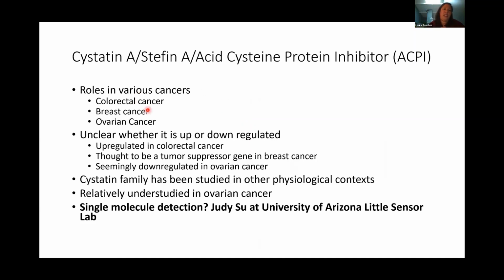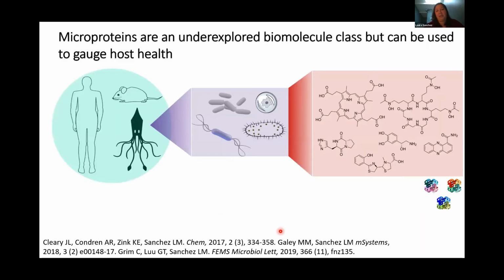It has a known role in other kinds of cancers, although the role is very tentative, but we're pretty excited now to see if we can further figure out what its role might be in the context of ovarian cancer. And we've also sent this over to our collaborator, Judy Sue at the University of Arizona, for her little sensors to see if she can have better modes of detection than we can, or to maybe multiplex it with the MALDI in the future.